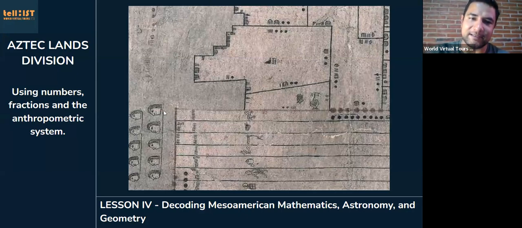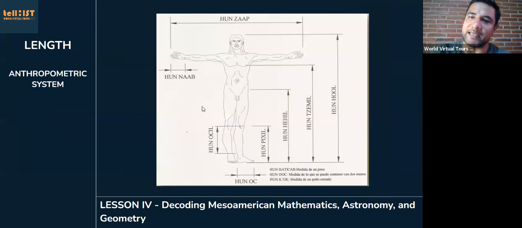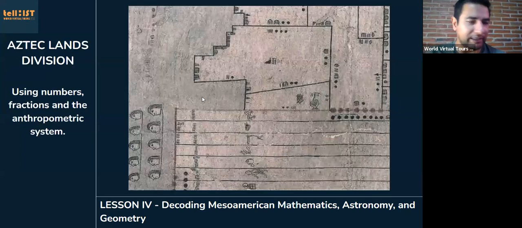We see 5 heads. That means they are using the anthropometrical system. Remember that in previous lessons we mentioned that they use different parts of the body for measuring the lengths. So it's the same that we are watching here. Also, we see other symbols over here that I will explain now.